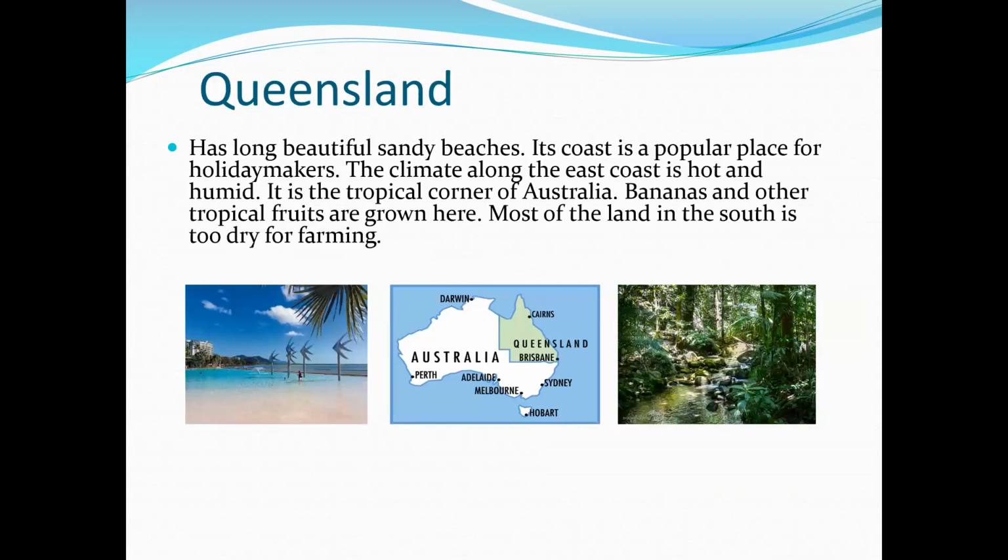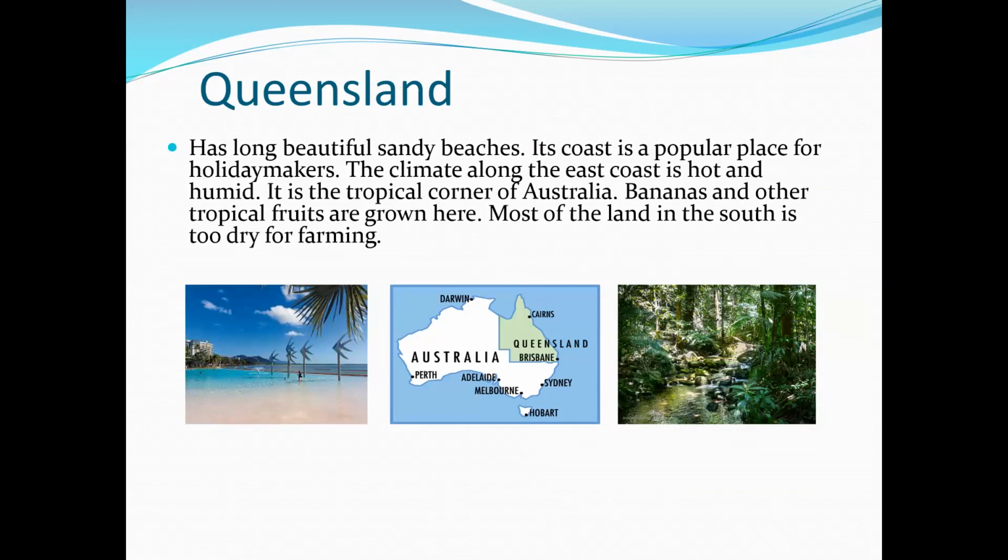Queensland. Queensland is the second largest state in Australia. Its coast is a popular place for holidaymakers. The climate along the east coast is hot and humid. It is the tropical corner of Australia.